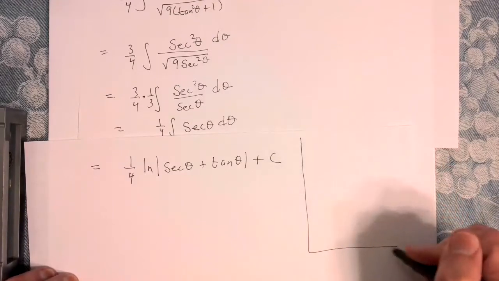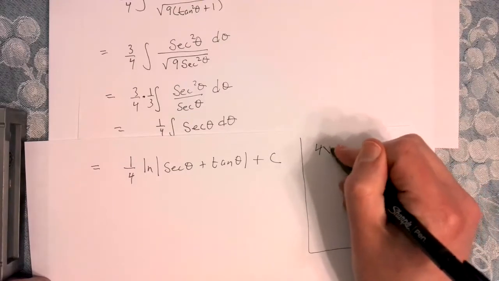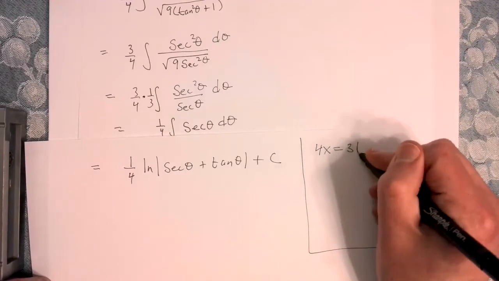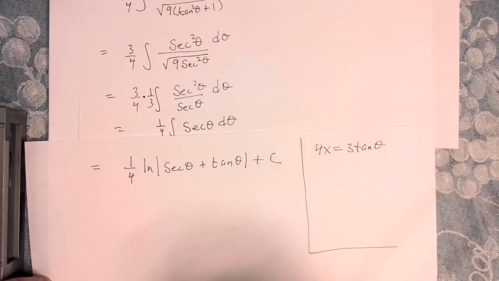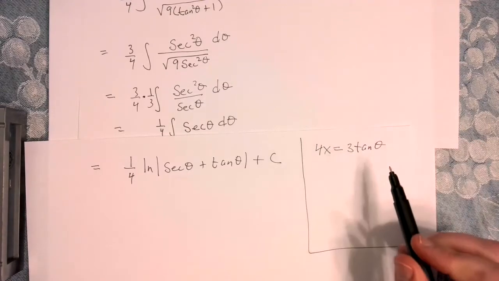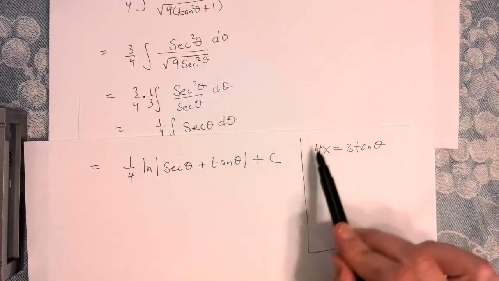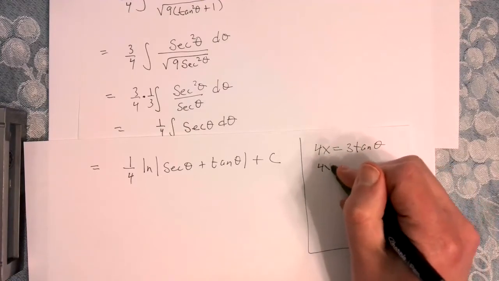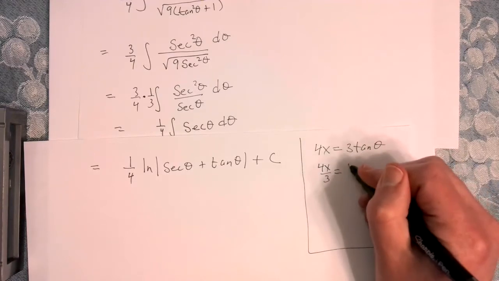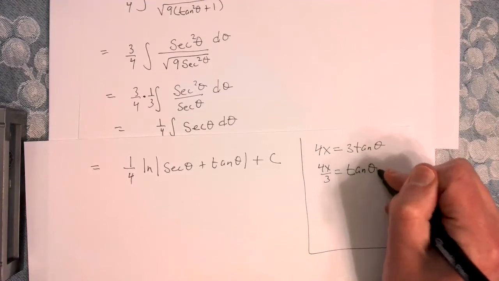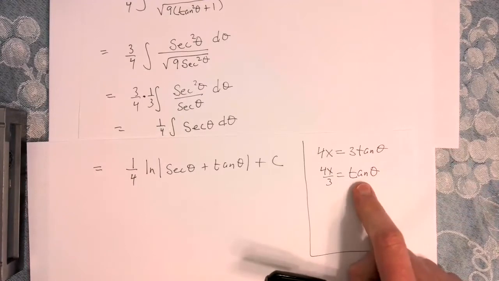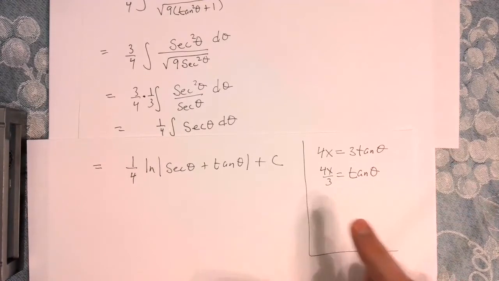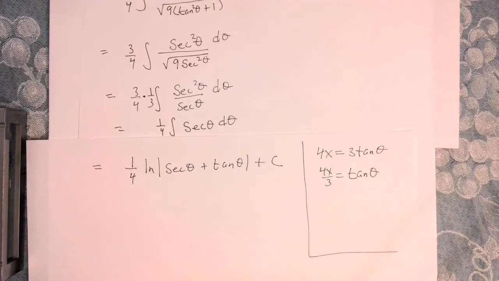Well, the idea is pretty clever. What you do is you go back to the original substitution and you want to isolate your trig function. So going back to the original substitution, get your trig function by itself. So divide that 3 out. And anytime I've got trig function equals fraction, I can turn that into the sides of a right triangle.